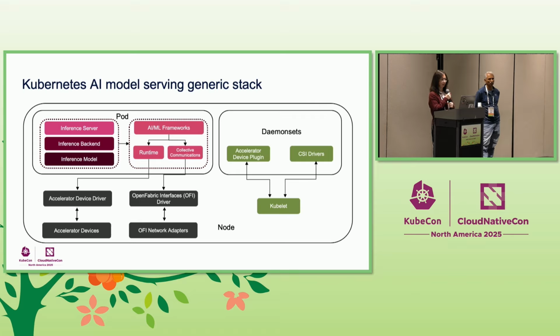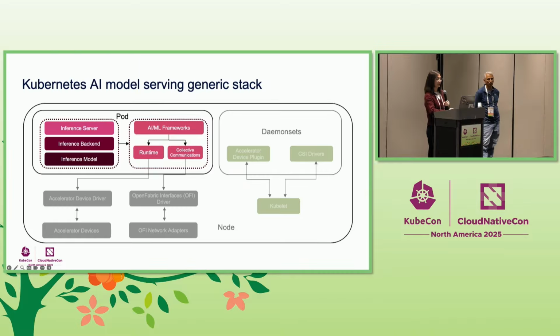Also the network drivers, which enable fast internode communications. And like mentioned, today we'll only be focusing on this top left corner where the inference stack happens. But the GitHub link, which we'll provide in the end, actually contains the full stack solution covering all aspects, including automatic node provisioning using Karpenter and cluster autoscaler. So let's dive right into this inference stack.